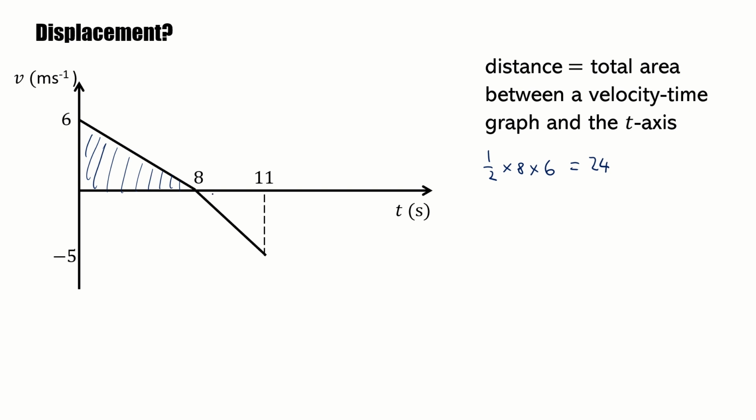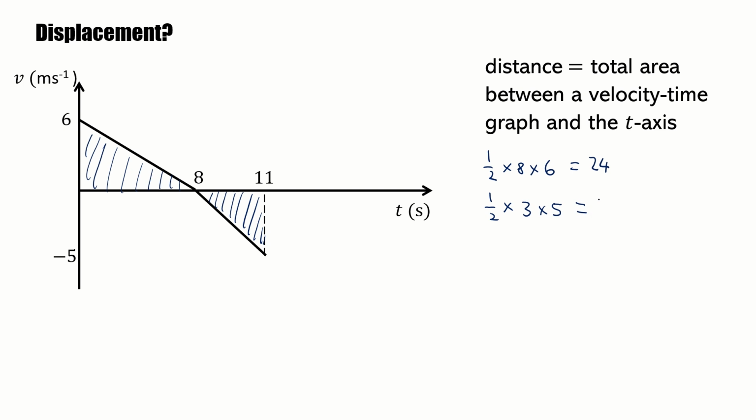But then, also, it would be this area as well added on. So the area of this triangle, it's another triangle, so again, do the same sort of calculation. Half times the base, this time the base is 3, because we're going from 8 to 11, times the height, and the height has a length of 5. It's going down to minus 5, but that's just to tell us, in terms of coordinates on an axis, but there's a length of 5.